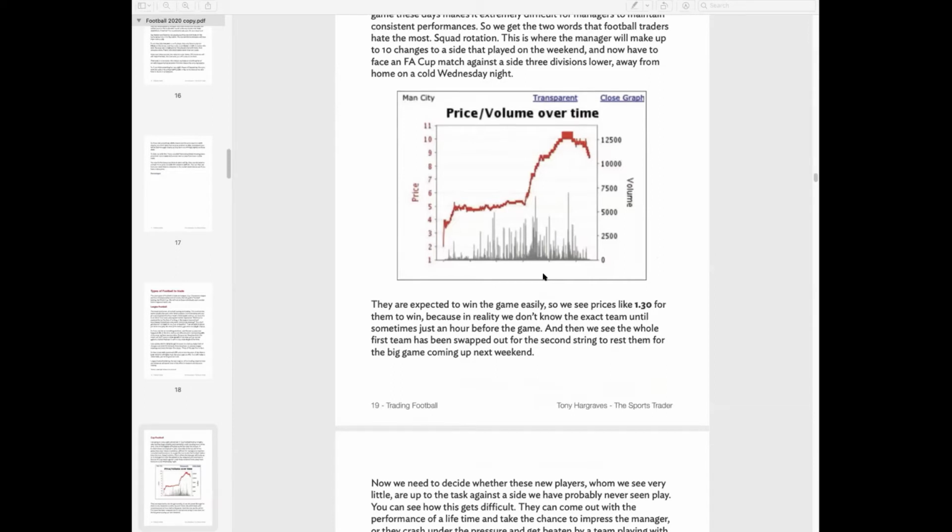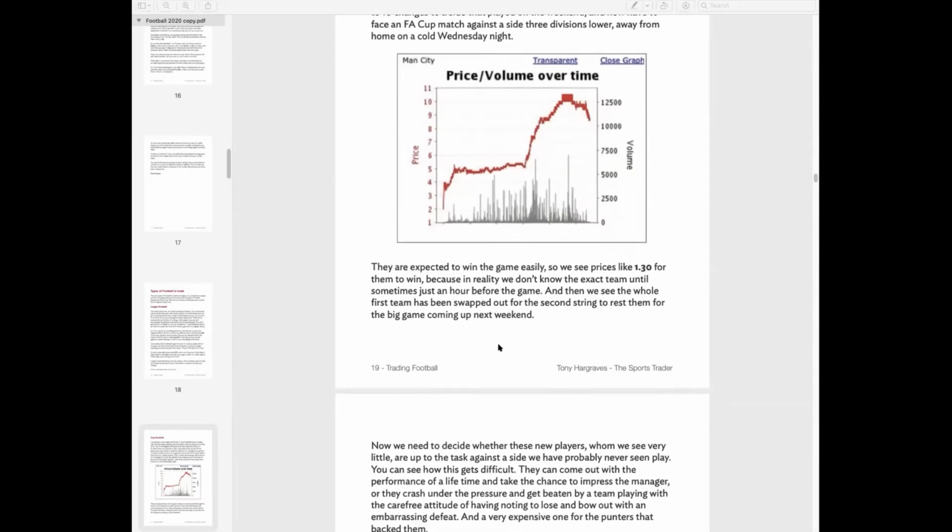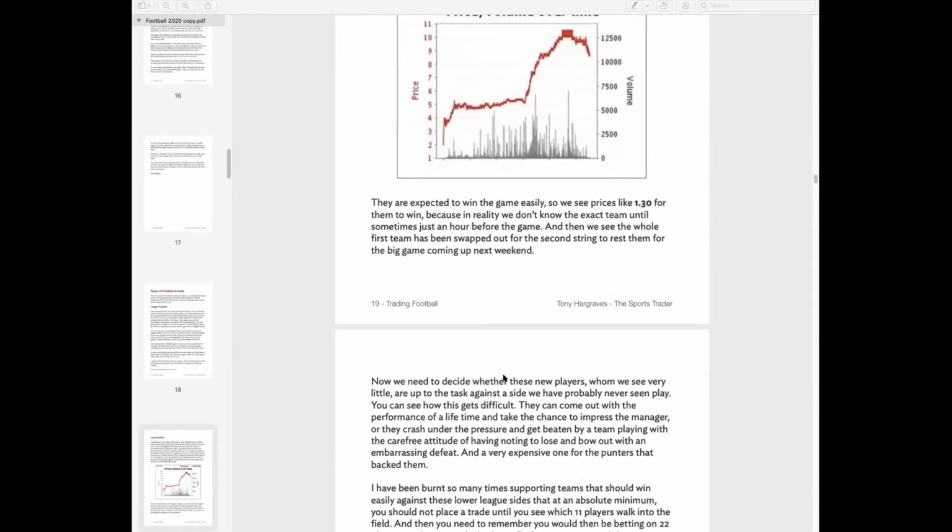They might be playing a League One side or something, and they are expected to win the game so comfortably, but yet they don't. So you can see prices like 1.3 for some team, but we don't really know the team until it's announced, and then you can see the whole team's been swapped out for the big game coming up on the weekend, and away they go.